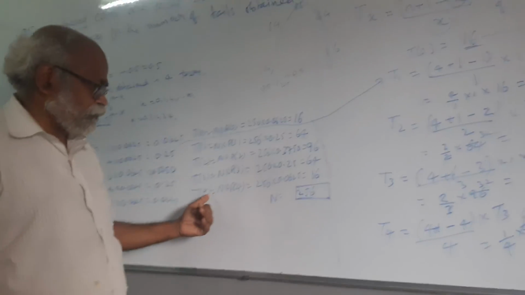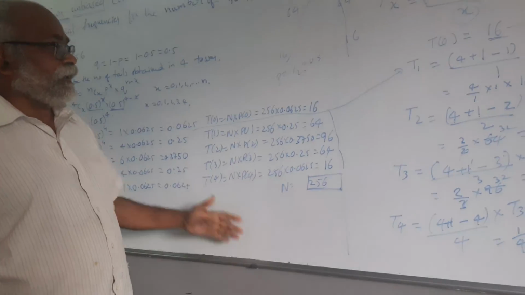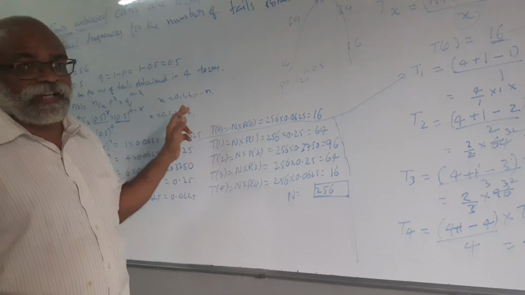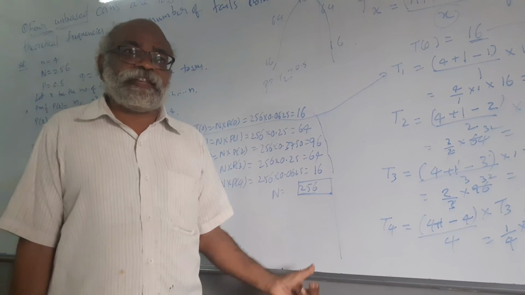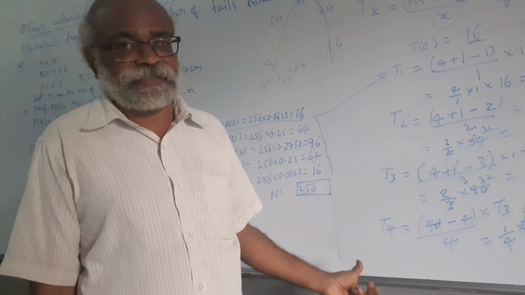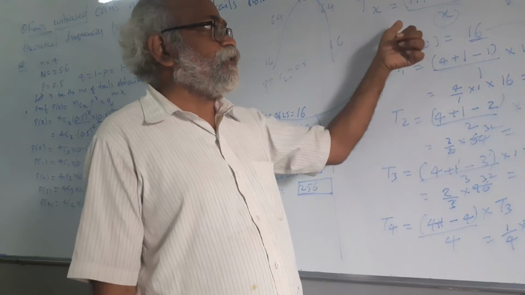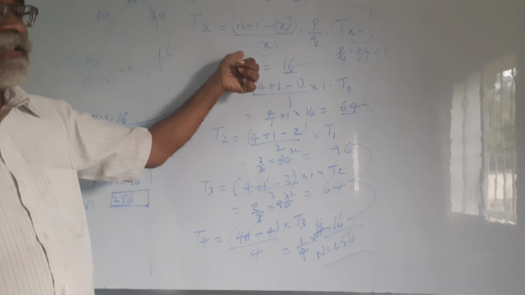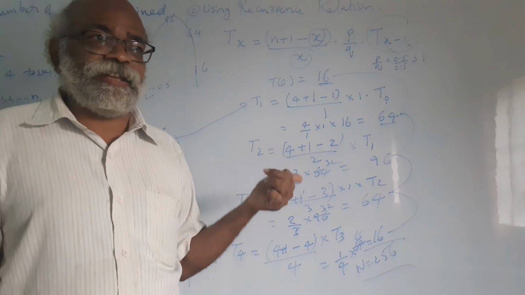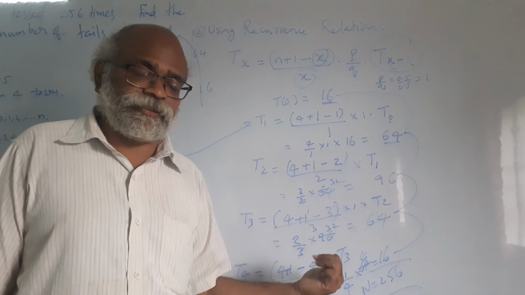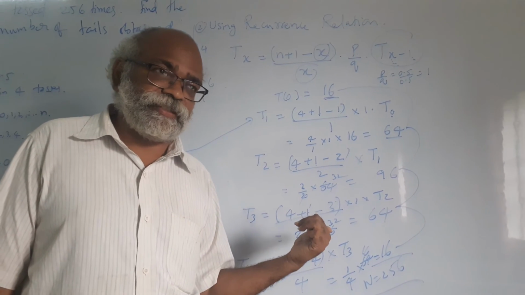Otherwise, many values you have to type. Here luckily your p value is 0.5, so your calculations are done in less time. If it is another value, it takes more time, so better you follow the recurrence relation. That's about fitting a binomial distribution when the p value is given.